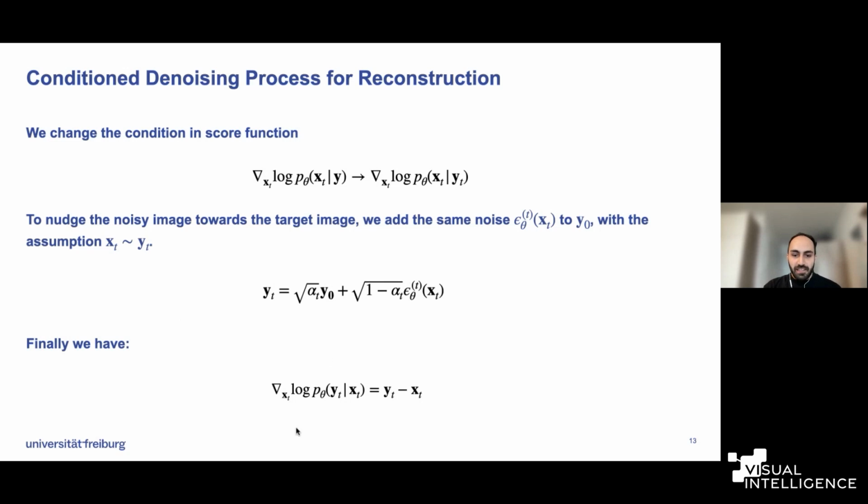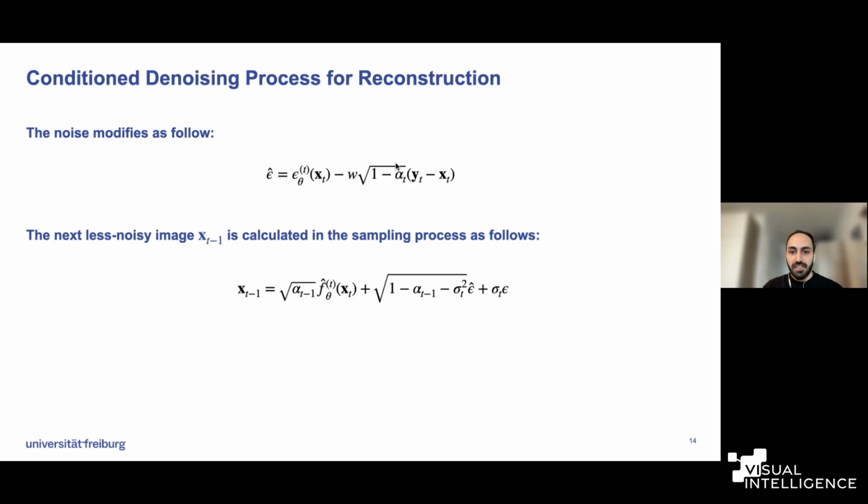So now we can write our likelihood score function, and you can interpret this score function as how we should deviate from xt to achieve yt. We can formulate it as yt minus xt, as they consist of the same noise and the same signal to noise ratio.